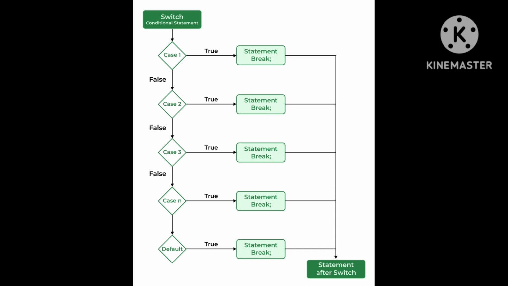The type of the switch expression is the same as the case value. Each case statement can have a break statement, which is optional. If a break statement is found, control jumps to after the switch. If a break statement is not found, it executes the next case.